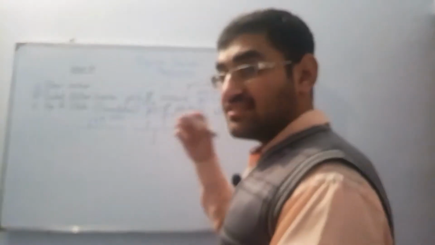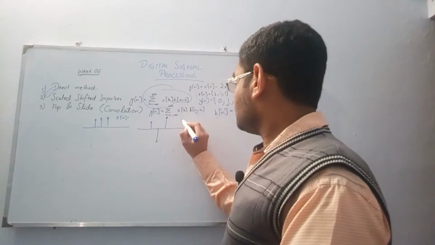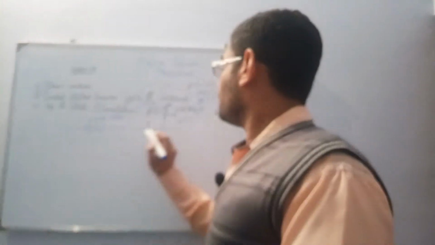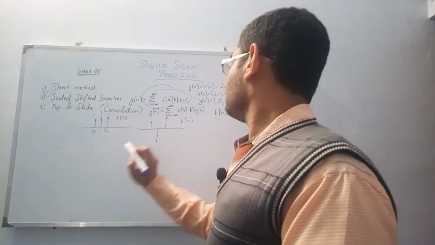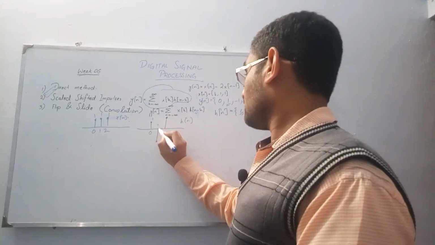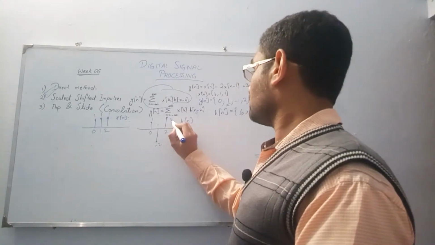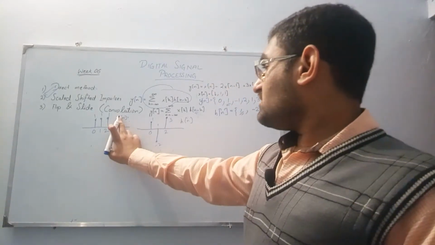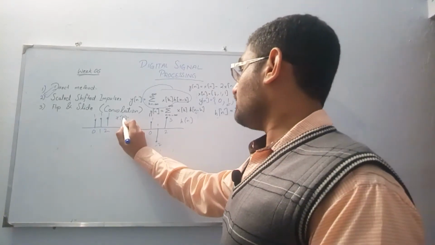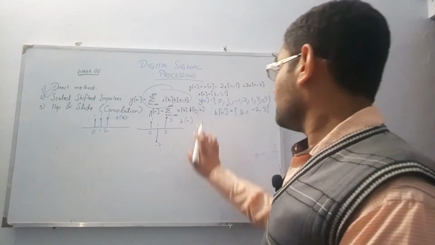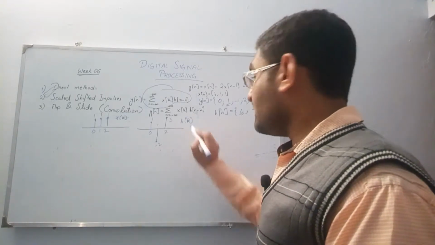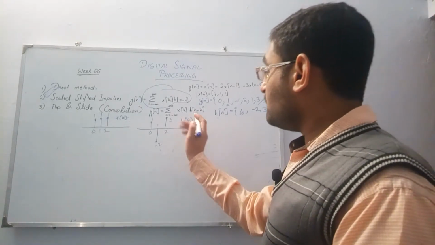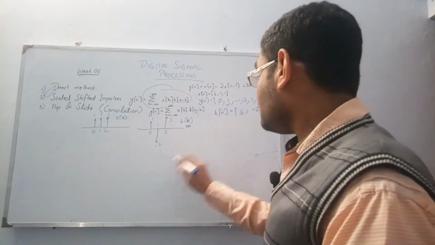I am going to take this example again. Zero, 1, 2, all are 1. So what you do in convolution, just replace this n in the first step with k, this n with k. In the next step, just replace this k with -k.